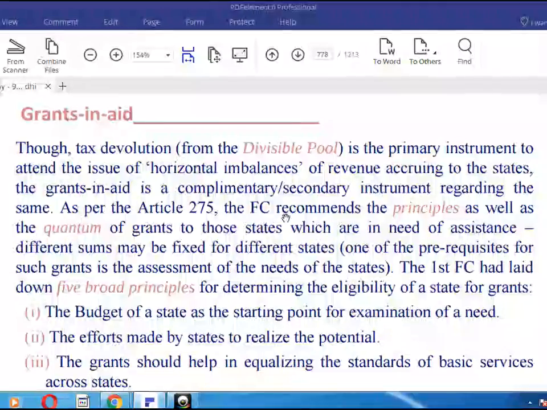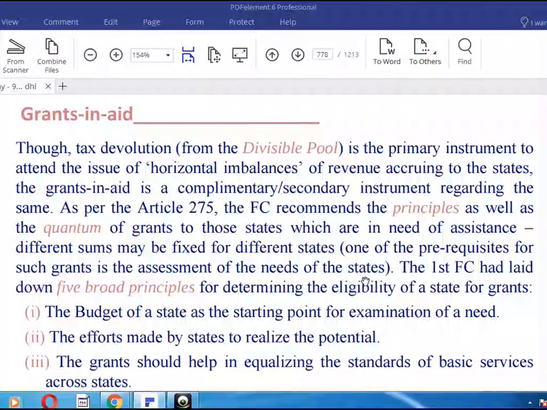Under Article 275 the Finance Commission decides the principles as well as the quantum of grants to those states which are in need of assistance. Different sums may be fixed for different states. One of the prerequisites for such grants is the assessment of the needs of the states.